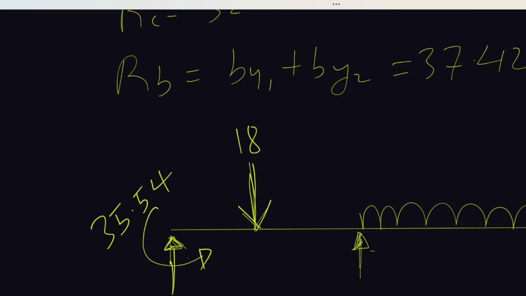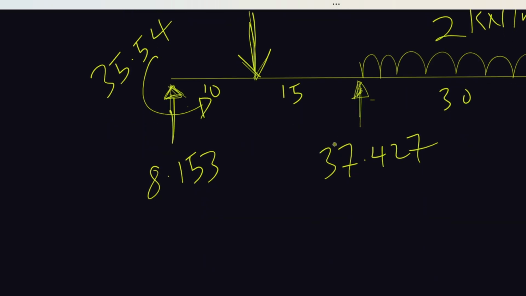Then now we have what we need to get our shear force and bending moment, our stress resultant. 2 kilonewton per meter, 10, 15, 30.